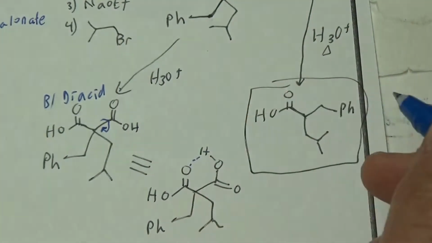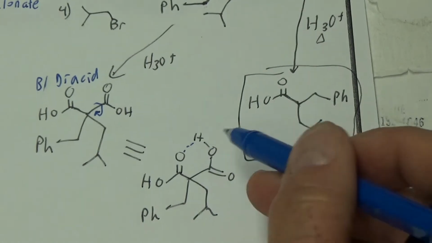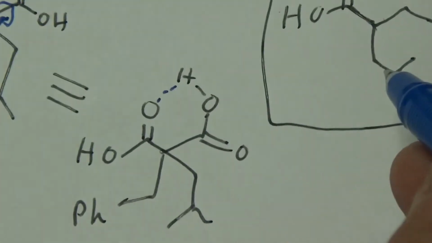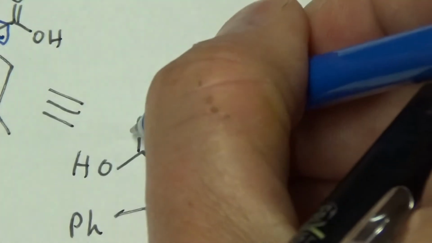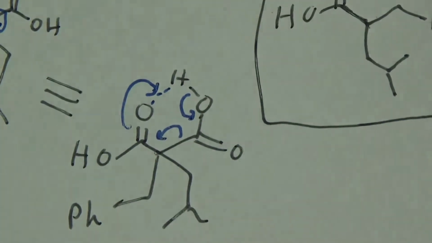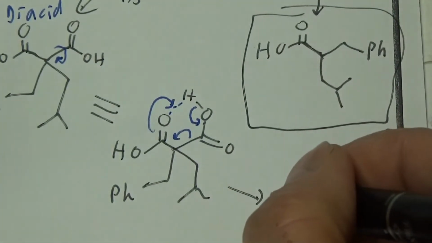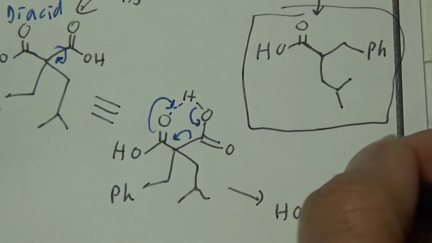Now you see that little 6-member ring? 1, 2, 3, 4, 5, 6. It's like a 6-member transition state, concerted mechanism. Grab the proton, make CO2, make an enol. So now we have the carboxylic acid enol.